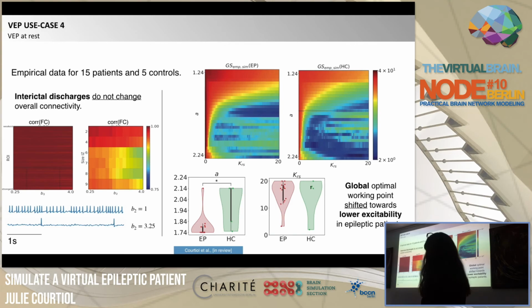I just chose to look at the simplest function, the correlation. We looked at whether adding only one spiking region induces alteration in the network, and we see that it is the same everywhere. So one spiking region will not alter the whole brain network.